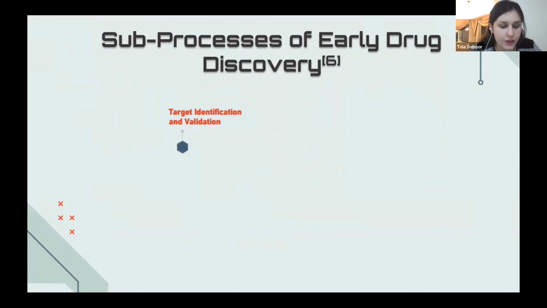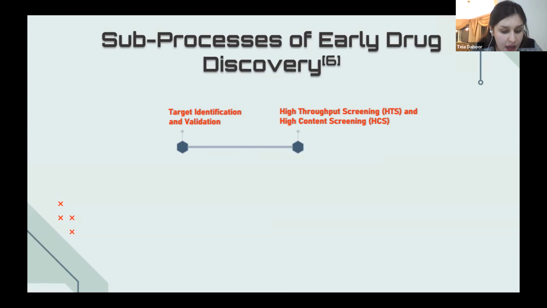A good and thorough understanding of the pathogenesis of the disease is essential to identify a suitable biological target, which is said to be druggable. This moves us to the next step, which is high throughput screening and high content screening. Screening many molecules that can interact with the appropriate target identified is done. So after choosing a target, we choose a compound that interacts with that target, which takes us to the next step.